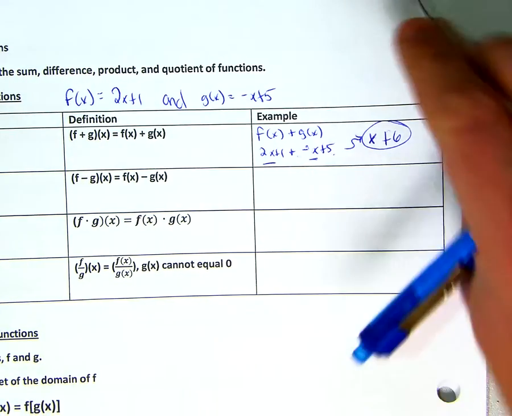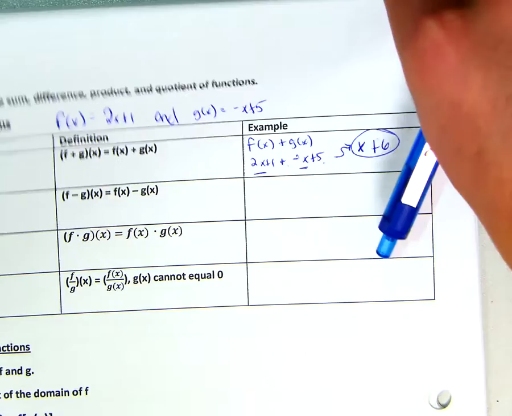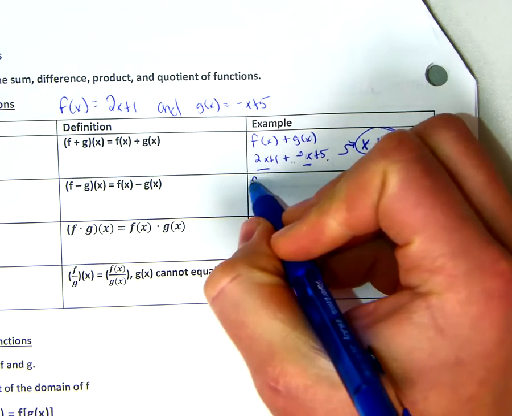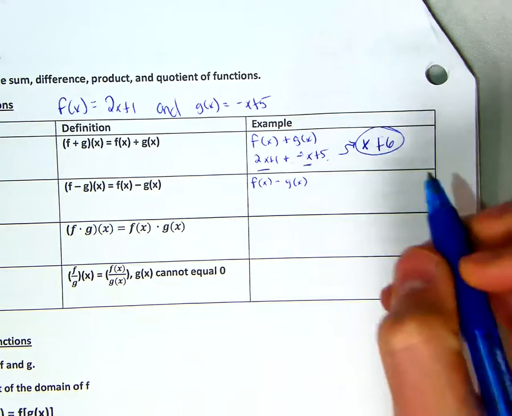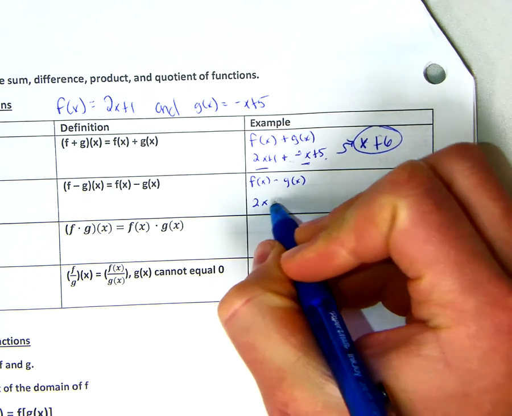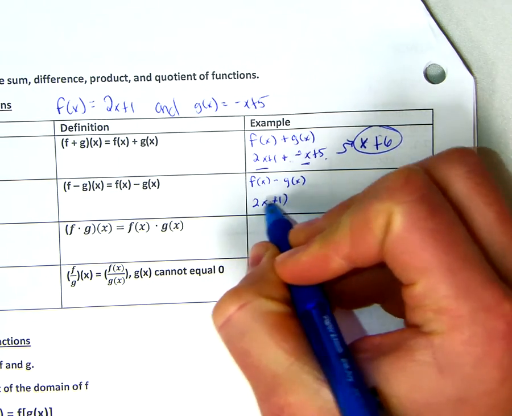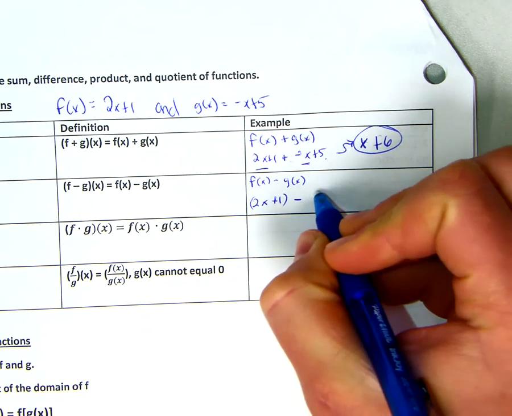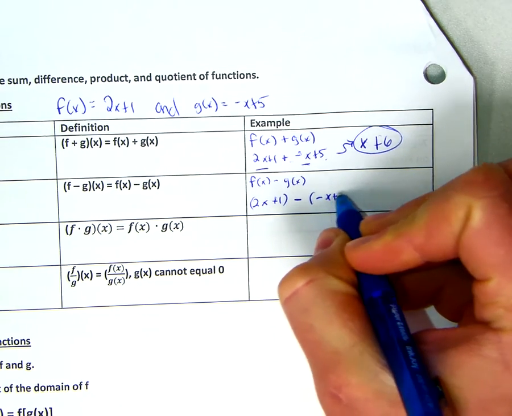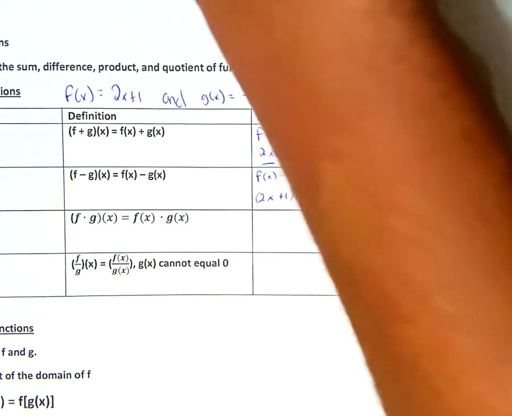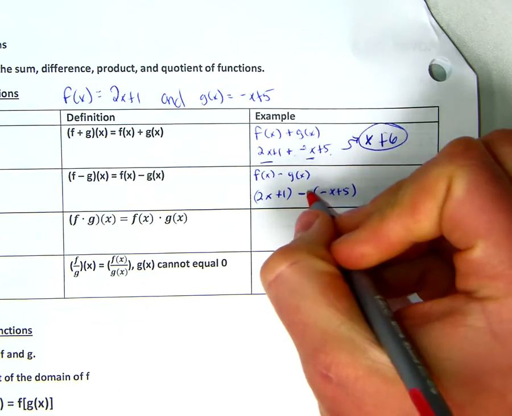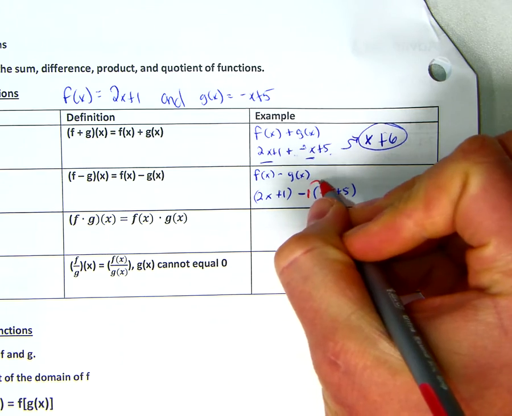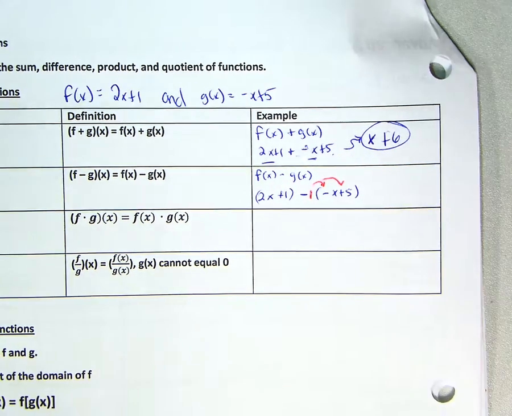You also have subtraction, which is the same kind of style. So you have f of x minus g of x. So you have 2x plus 1 minus negative x plus 5. What you notice there with the minus is that this is actually a negative 1, so you'd have to distribute the negative 1 to both of these.